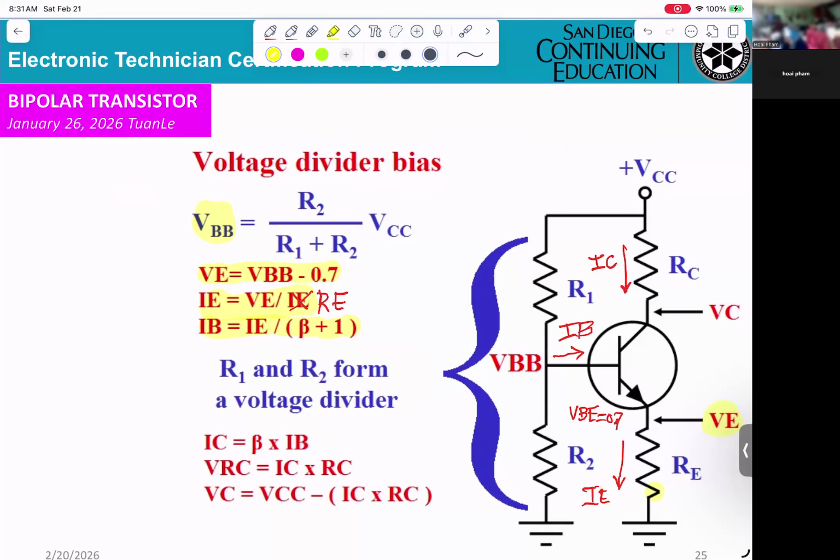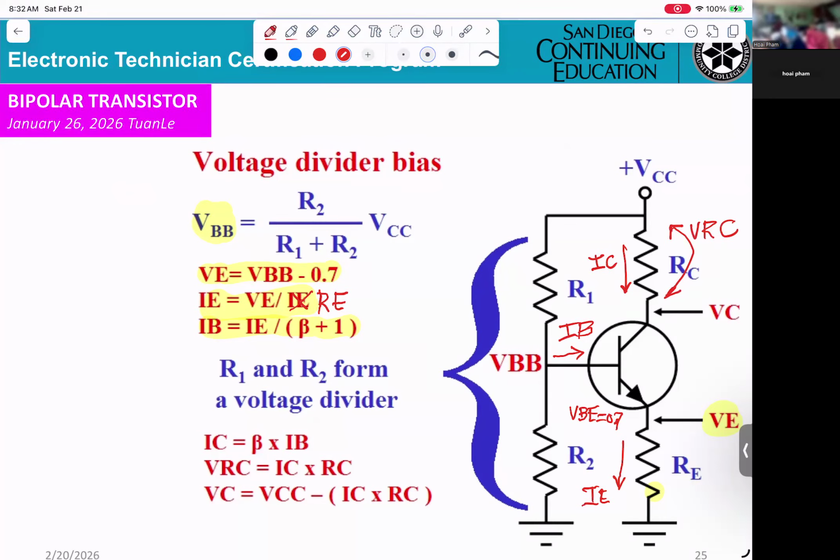R1 and R2 form a voltage divider. IC equals beta times IB. The voltage across RC equals IC times RC.